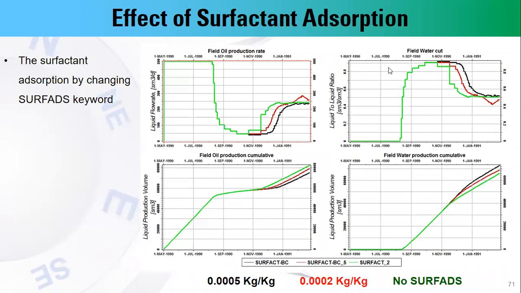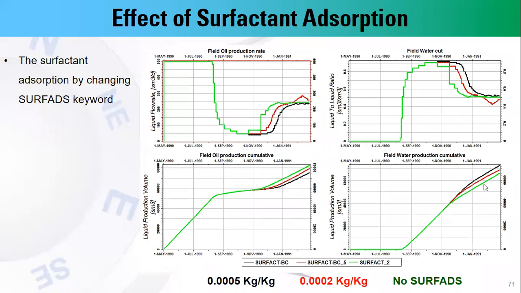So the effect of surfactant absorption, as mentioned, is the amount of surfactant lost on the rock surface. High surfactant absorption, in this scenario in the black color, means we have a reduced effect of surfactant, because the amount of surfactant is lost on the rock surface.